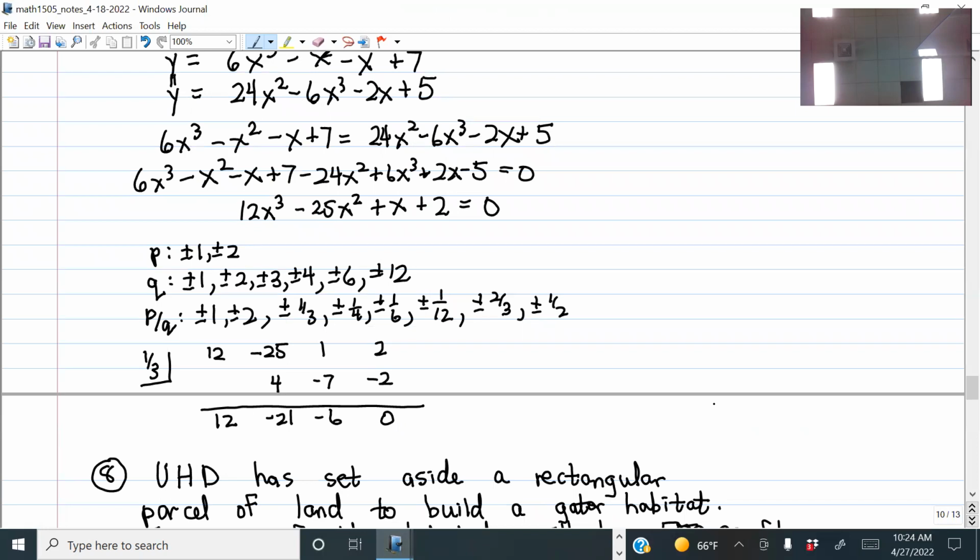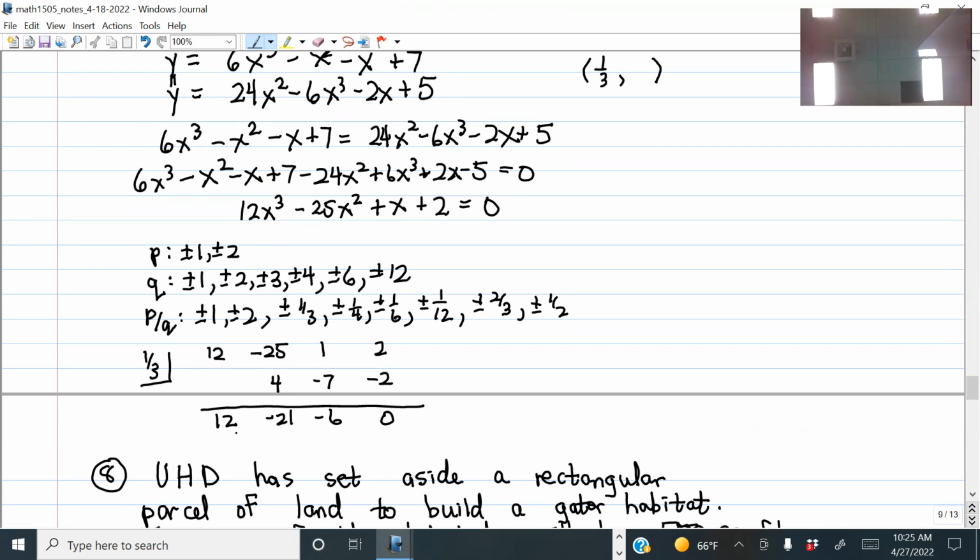Okay, so we've got 1/3. We know that is one of our roots, so one of the solutions to this equation. So one of the points where these curves intersect begins with 1/3. And then to find the y coordinate, you just have to put the 1/3 back into either one of these two equations, either one of these two formulas, to find the matching y coordinate.